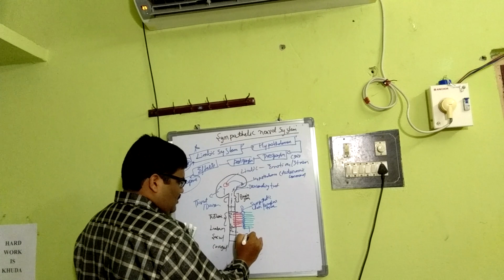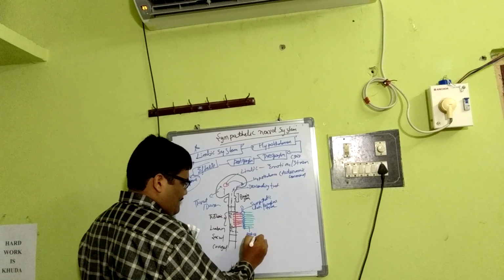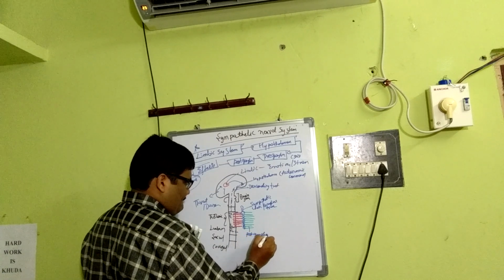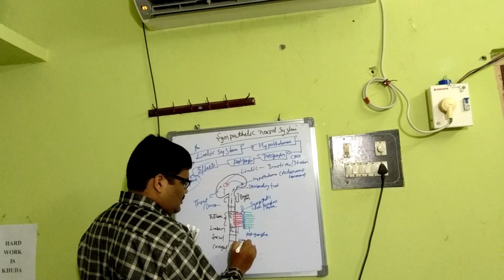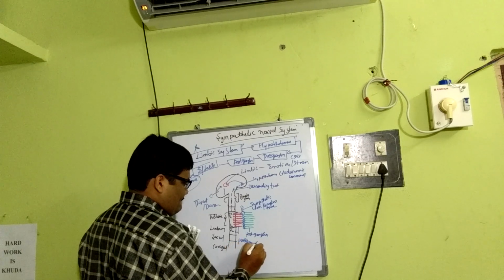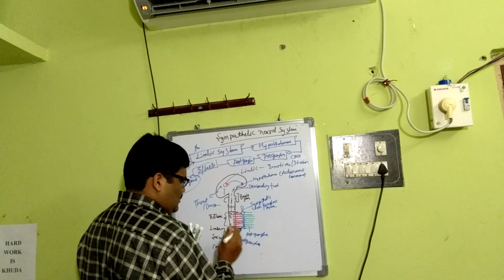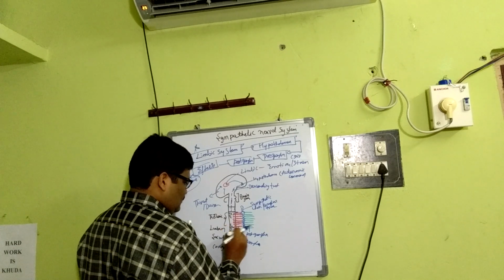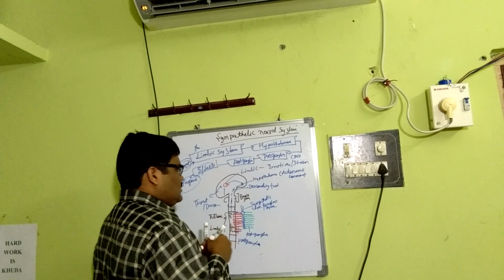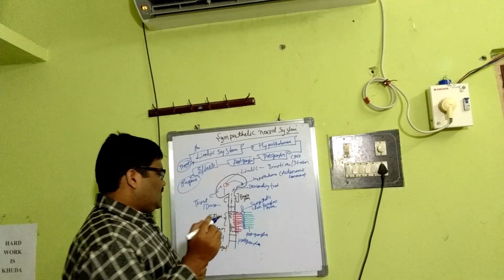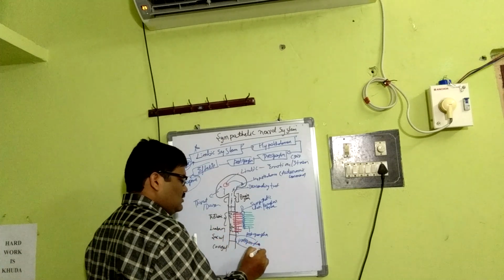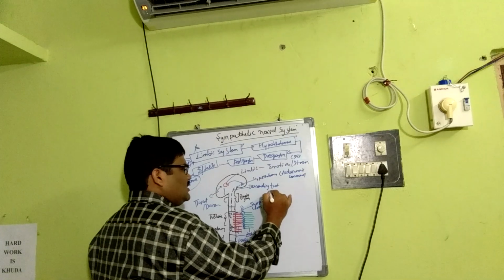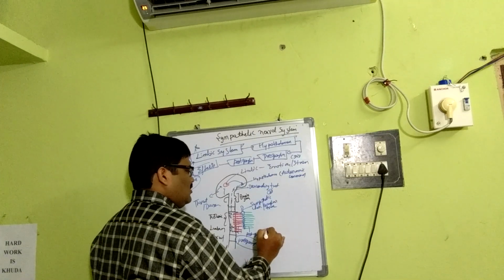These are postganglion. These are preganglion. So the overall component is, it consists of preganglion, the sympathetic chain, and postganglion.